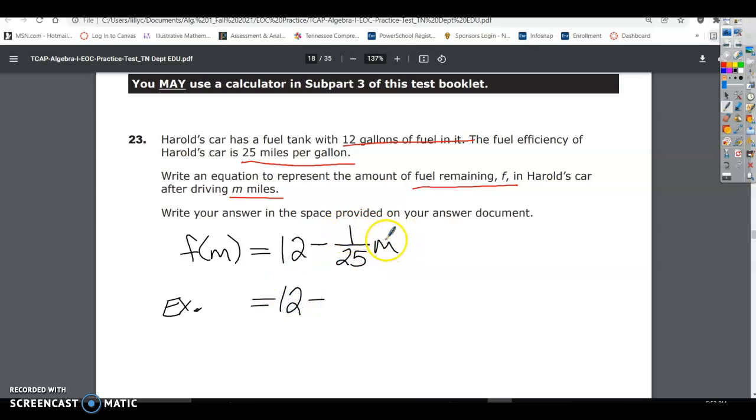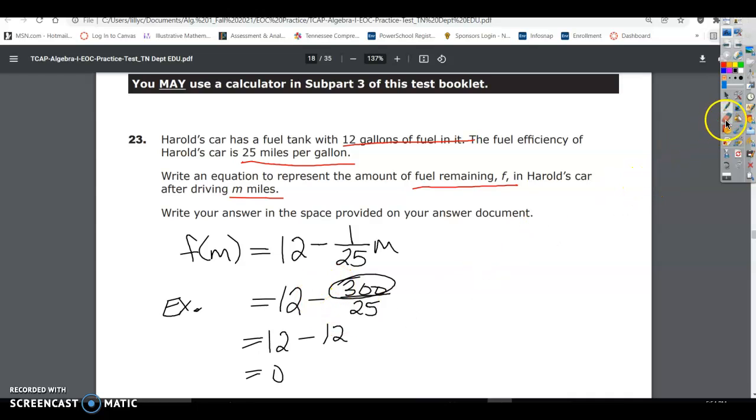If we do 1 over 25 times 300, so 300 miles over 25 miles per gallon, so 12 minus 300 divided by 25. Oh, wait a minute, I need to do 300 divided by 25 to get 12. So 12 minus 12 is 0. So we can drive 300 miles before we run out of gas.